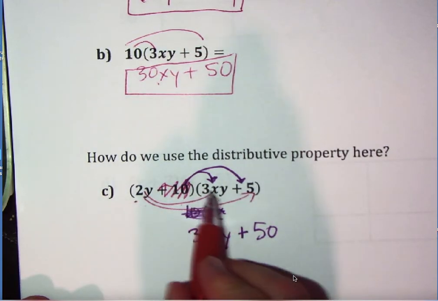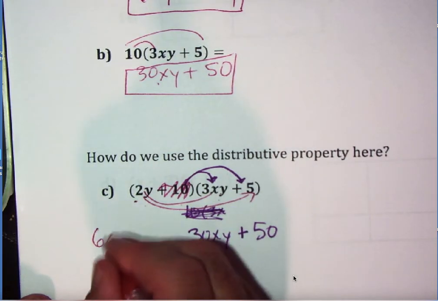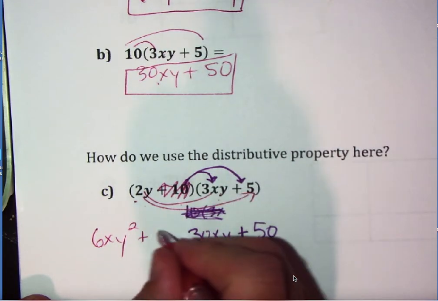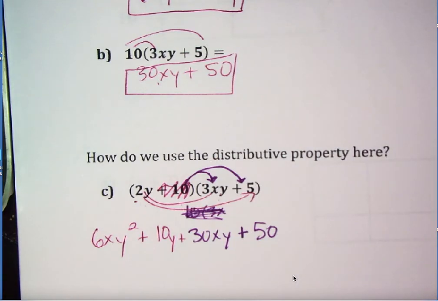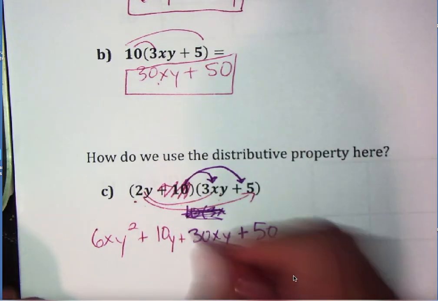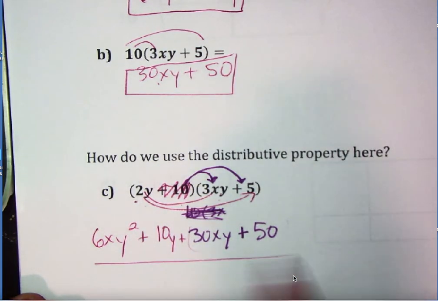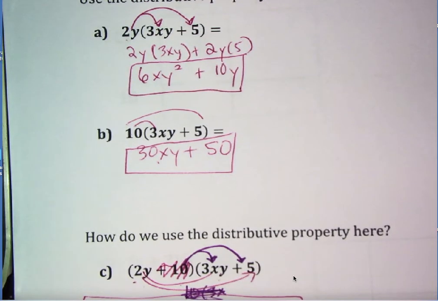So 2y times 3xy we know is 6xy squared, plus 2y times 5 is 10y. And we just add these two things together. So what is this times this? Well, here we go. We multiply it out. It's a shortcut way of doing both problems A and B.